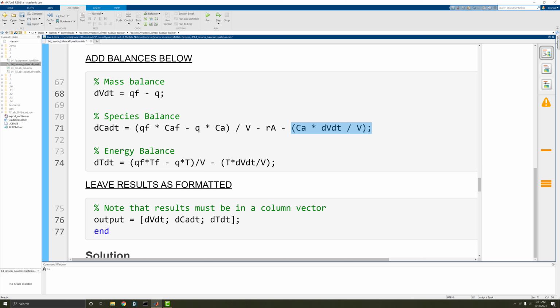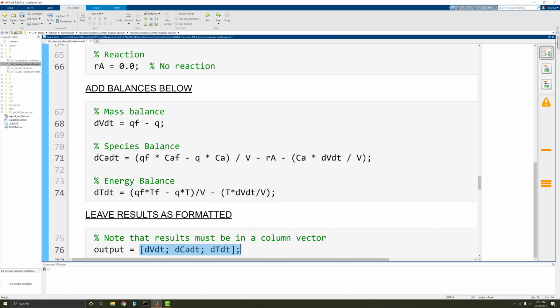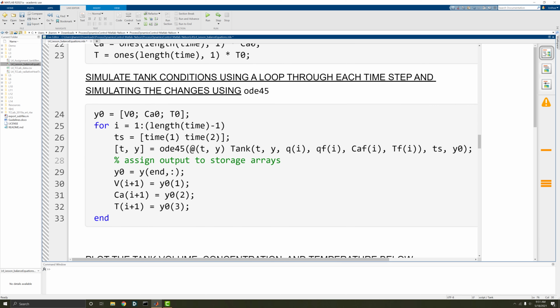And again, similarly, we have the energy balance first. And since we're dividing by the volume, we also have to take the derivative with respect to volume. Finally, we'll output the results as a column vector. And we're ready for ODE45. We'll output our results into t and y, and then y0 will take the final result after the time step.